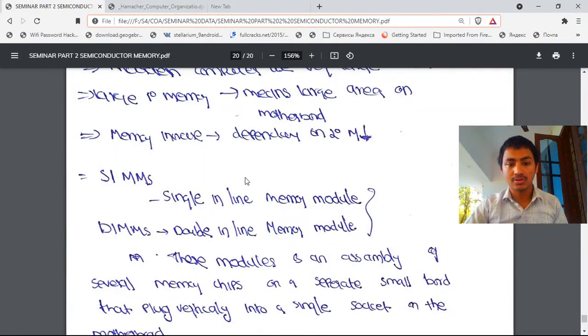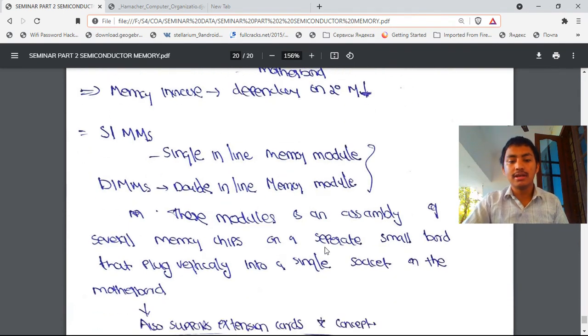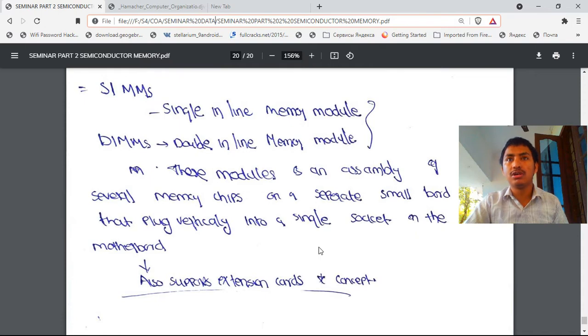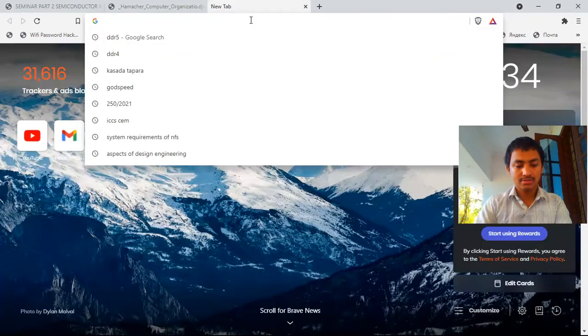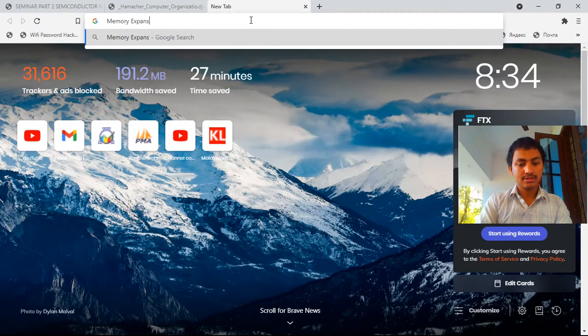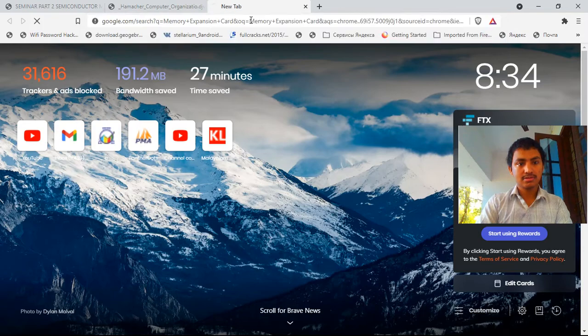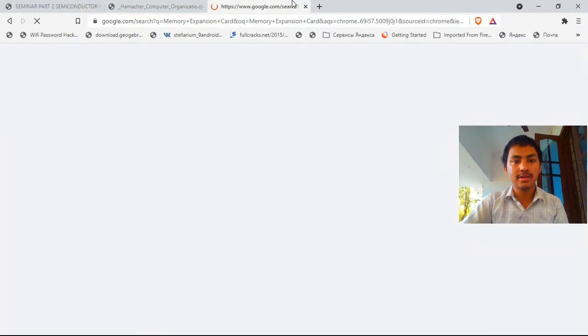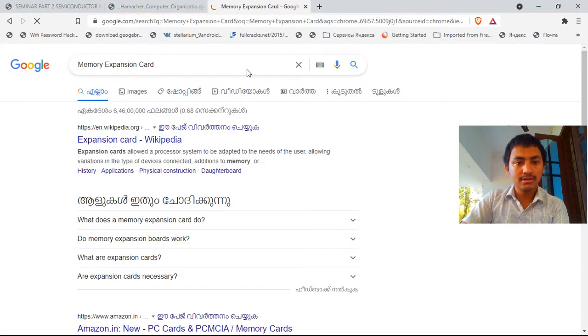I will show that. Using cards like these, we will expand our memory using chips, like memory expansion cards.